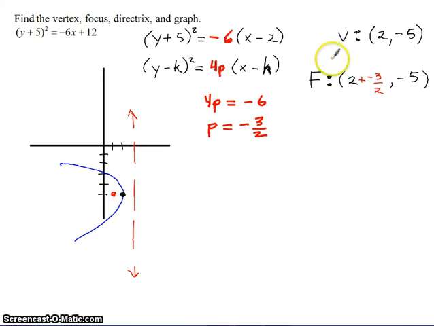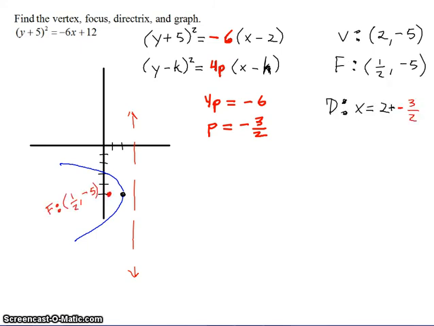So we just need to find a common denominator and add up in order to find the focus. So we have a focus right at x is 1/2, y is negative 5. And looks like I'm going to have to move that point over to the left just a little bit.